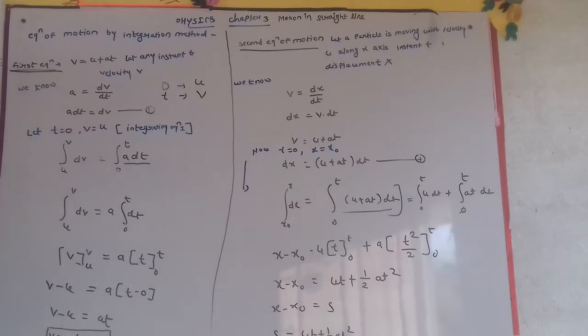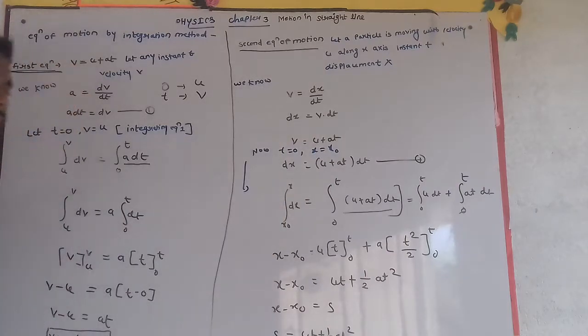So first you have to understand the properties and the formulas, then only you will understand. Similarly, we'll solve the second equation of motion, s equal to ut plus half at square.